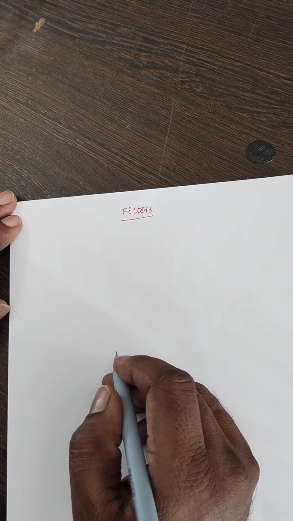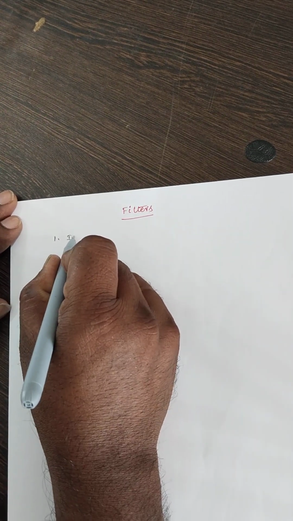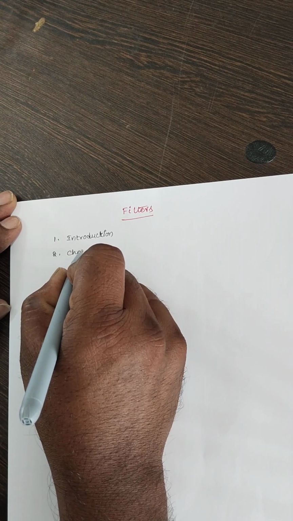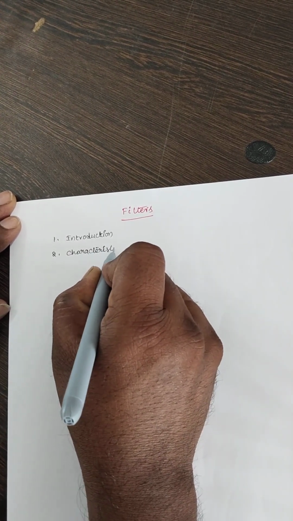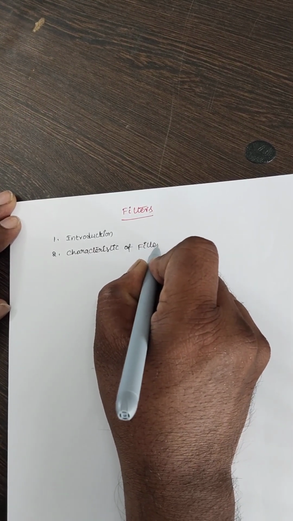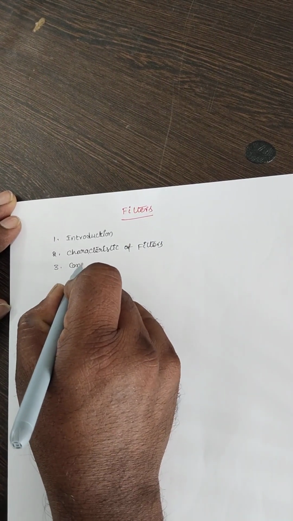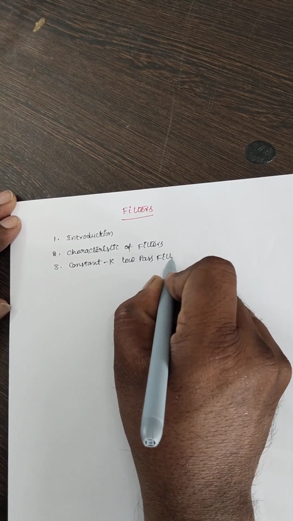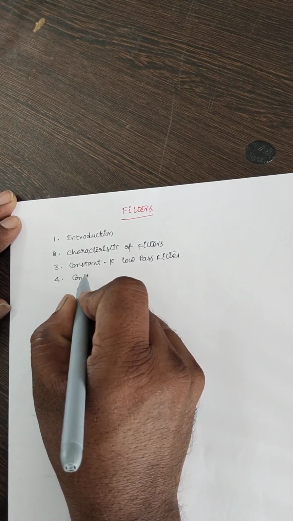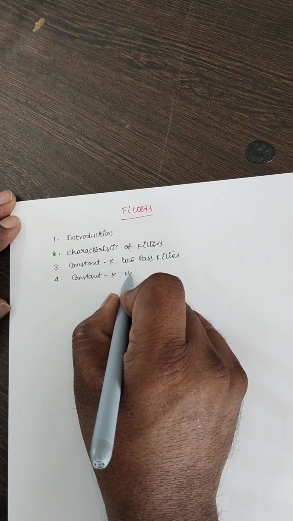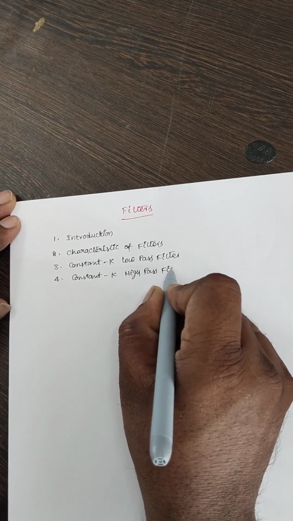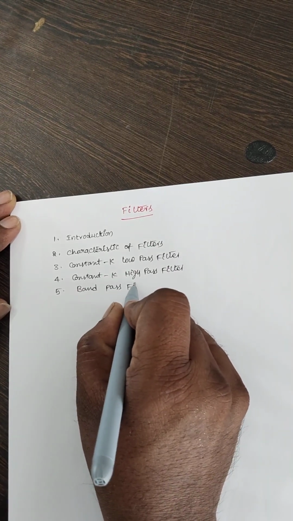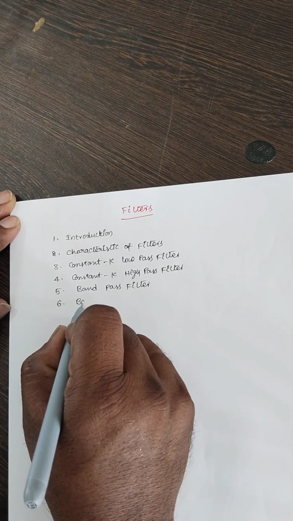The concepts that I am going to explain here are: first one is introduction, second one is characteristic of filters, third one is constant K low pass filter, fourth one is constant K high pass filter, fifth one is band pass filter, and last, sixth one, band stop filter.